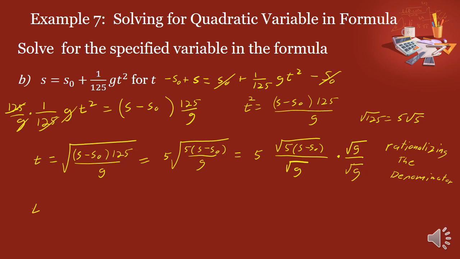When I evaluate this, I'm going to have that t, and I forgot the plus or minus, my apologies. Let me go ahead and take care of that. We will have that t is equal to plus or minus 5 times the square root of 5g times this quantity s minus s0.